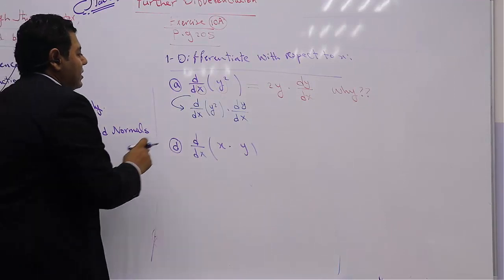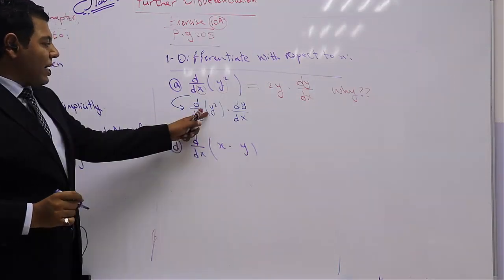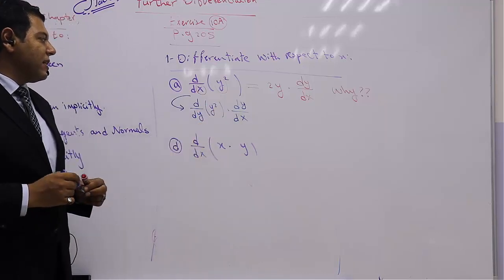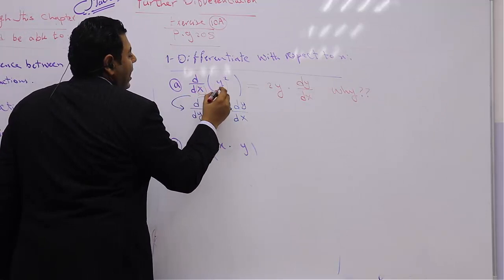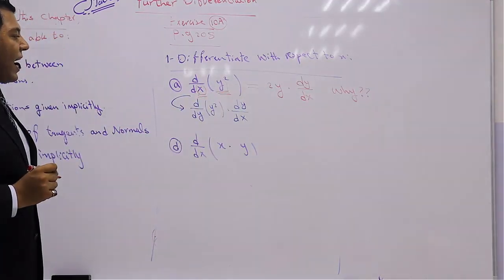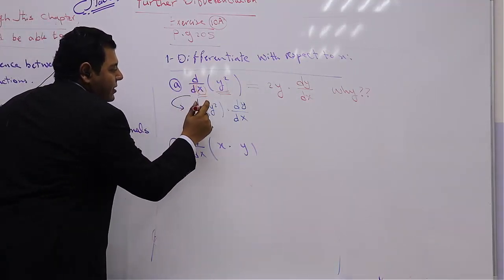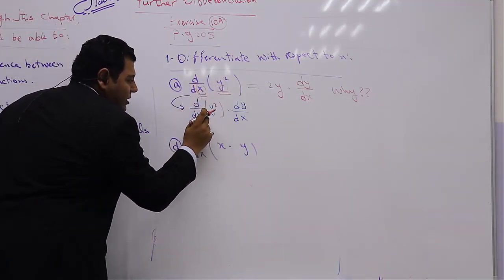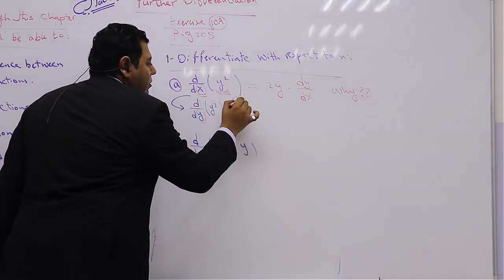So you have to pay attention to that. d with respect to y for y squared, times dy over dx. The variable here is x and the variable here is y, so the variables disagree, so I can use the chain rule by dividing this. I will divide by dy, then multiply all of that by dy over dx.